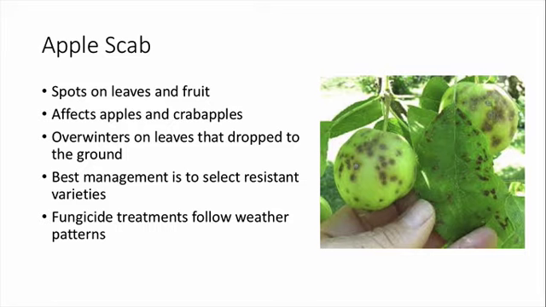But for the home orchardist, especially if you're starting an orchard, it's really great if you can select resistant varieties. It's going to help reduce the amount of management effort that you're going to have to get good apples.